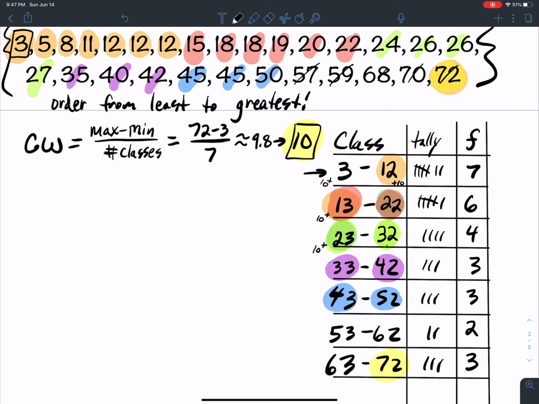Okay? So now we have just completed our first frequency distribution. For a frequency distribution, you have the class, and then you have the frequency.